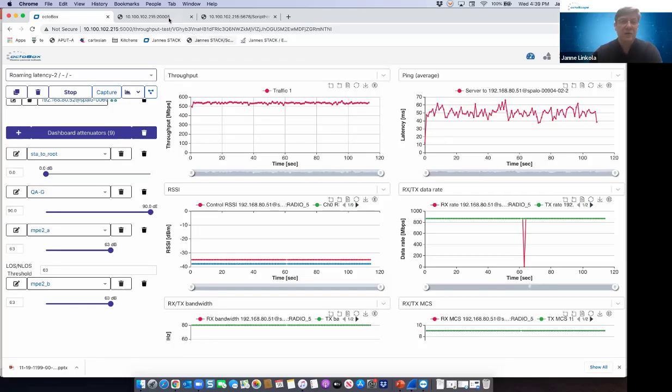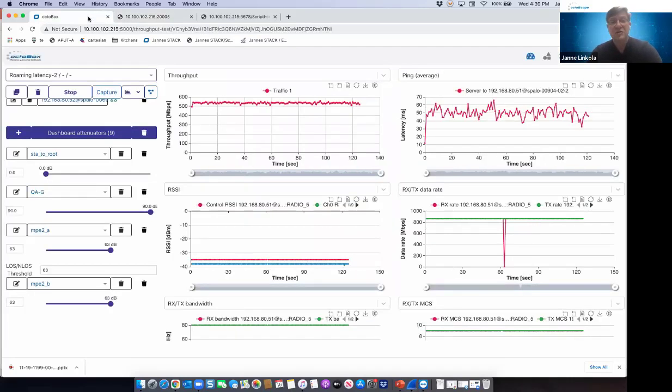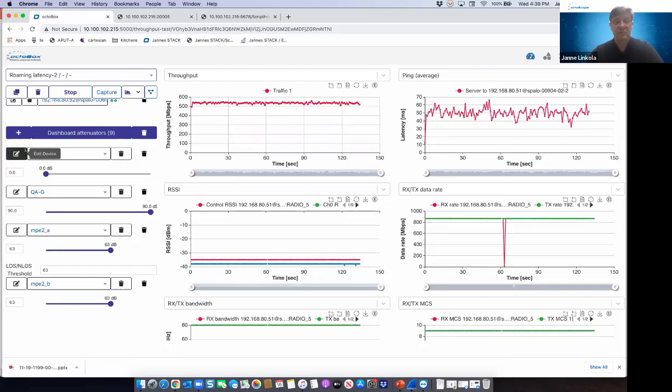Now, what I'm going to do next is minimize the attenuator between the StayPal and the first extender. And so now the StayPal sees both the root node as well as the first extender. It's still connected to the root node because it has a great signal and there's no need here for any kind of roaming event.